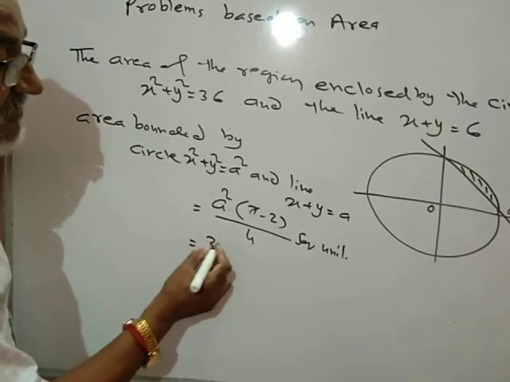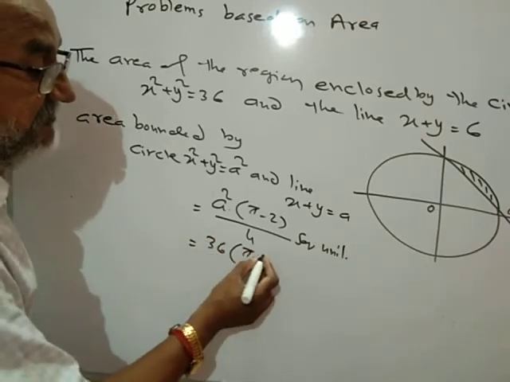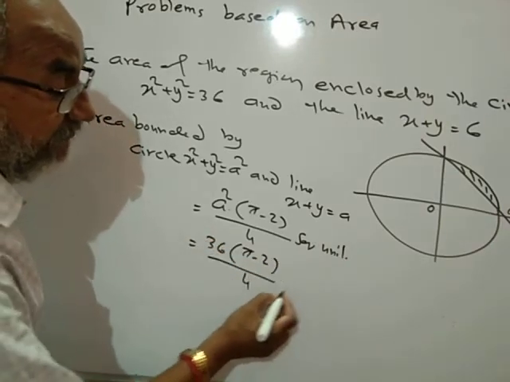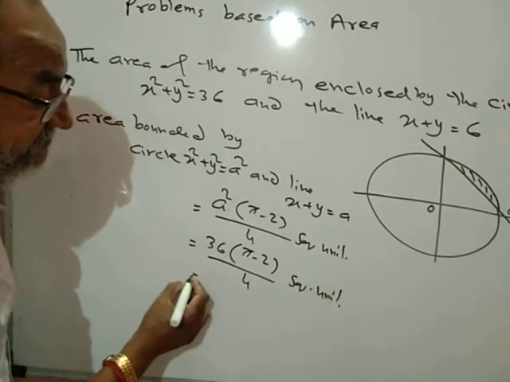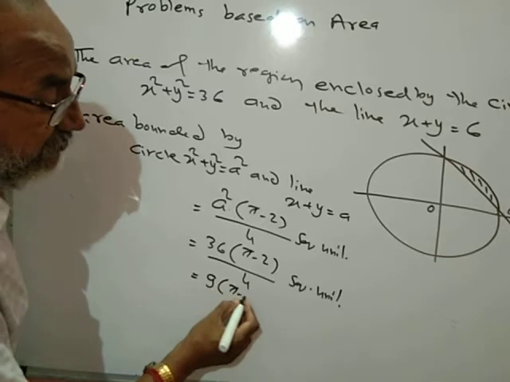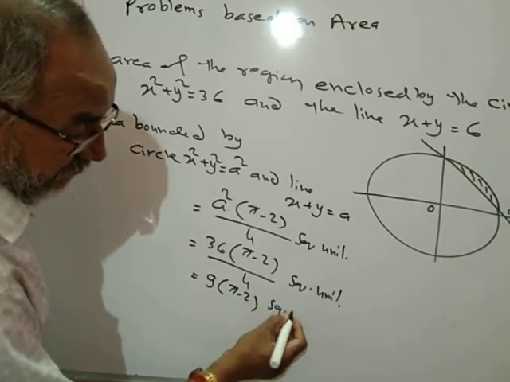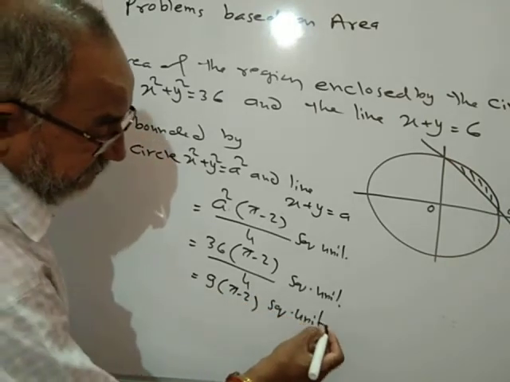So this is equal to 36 into pi minus 2 upon 4 square units. So this is equal to 9 into pi minus 2 square units.